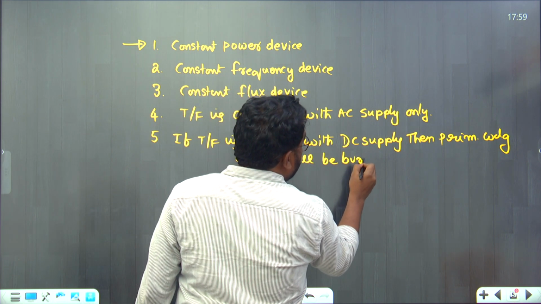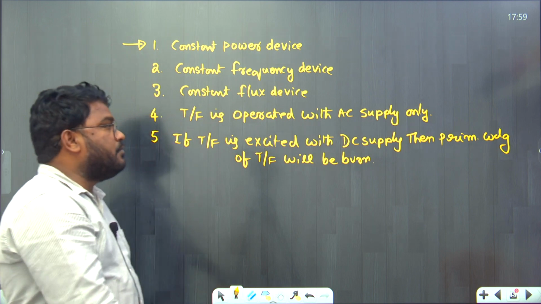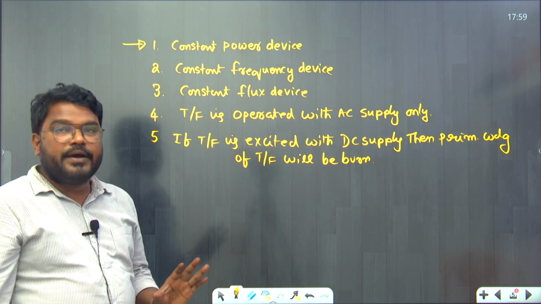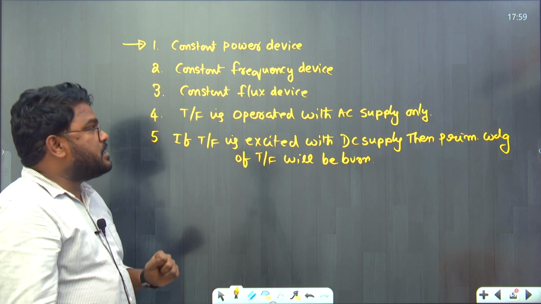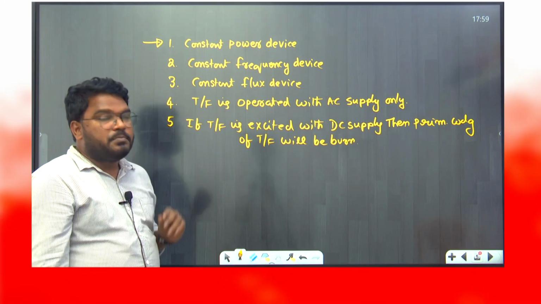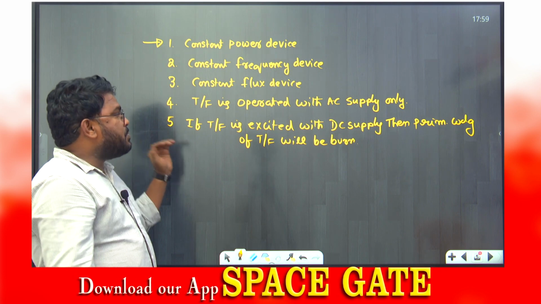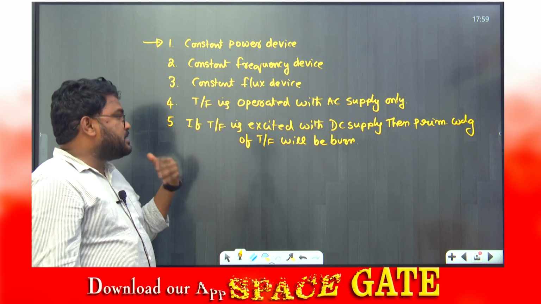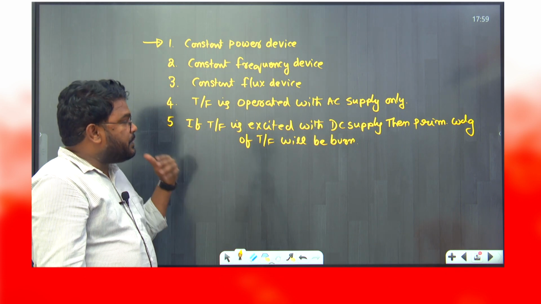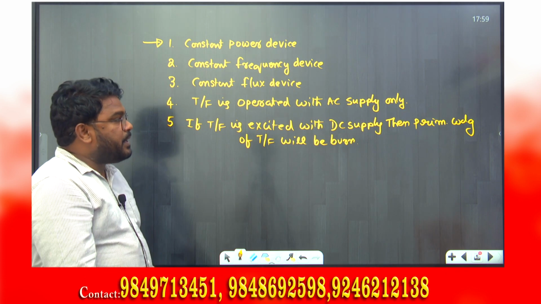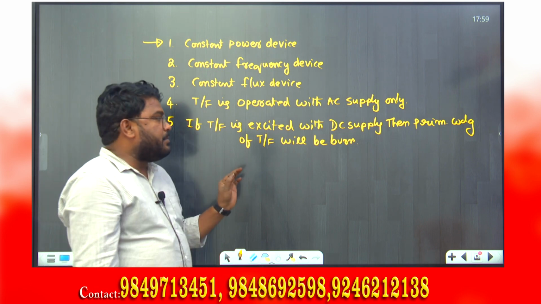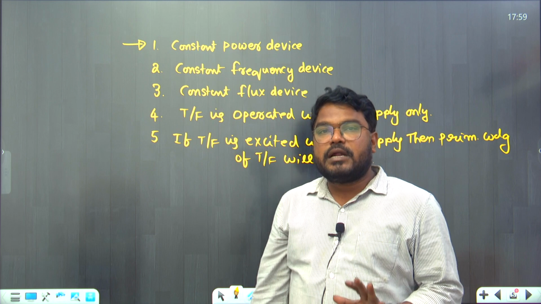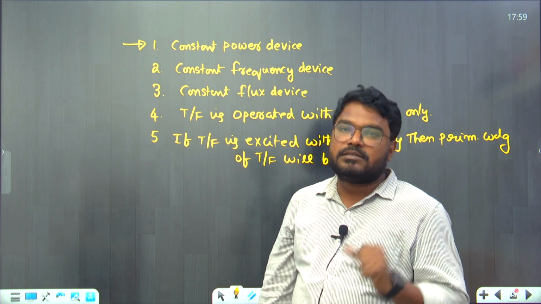This is also a very important point in competitive exams. So the transformer is a constant power device, a constant frequency device, and a constant flux device, and it is operated with AC supply only. If it is excited with DC supply, the primary winding of the transformer will be burned. So never excite the transformer with DC supply.